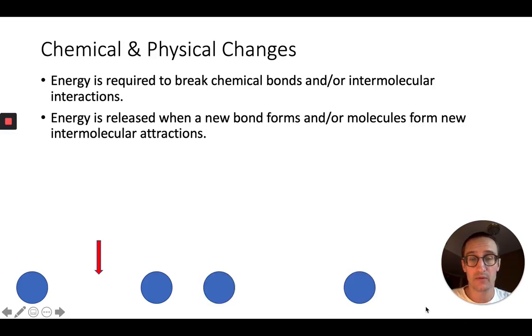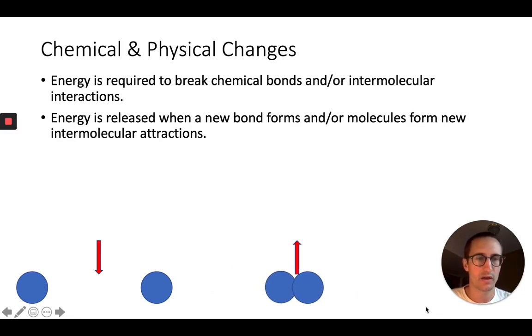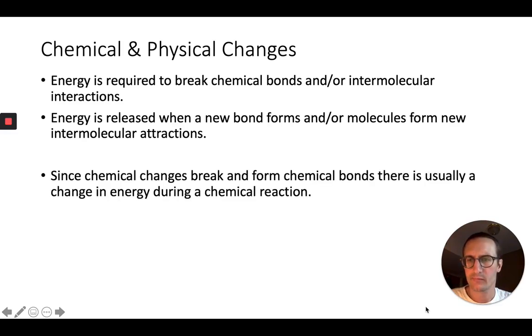So if I have two atoms and we allow those two atoms to form a new bond, they're going to release energy. And this is also true if we're talking about an intermolecular attraction. If a new intermolecular attraction takes hold, we're going to release energy. And if we think about a chemical reaction, anytime there's a chemical change, we're breaking and forming new chemical bonds.